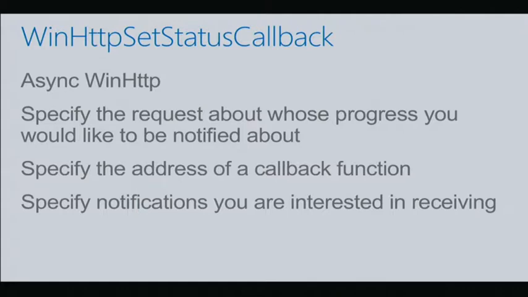On this function, you specify the request whose progress you're interested in, and you give it a function pointer for the callback. You can also specify the notifications you are interested in listening to. Outlook currently listens to all the notifications, but it only does interesting processing on a few of them.